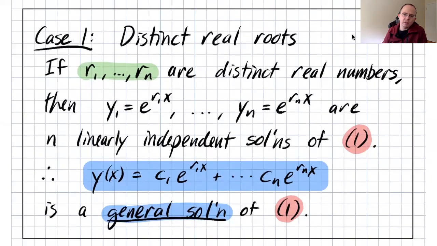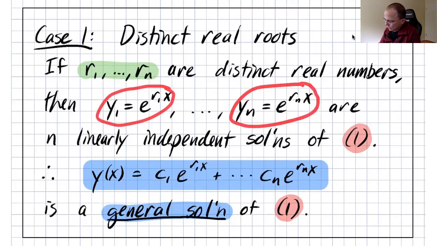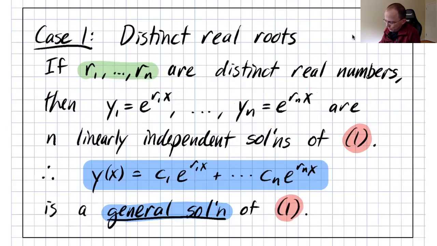So distinct real roots. If all of our roots of the characteristic equation are distinct real numbers, then we can show that each of these functions is going to be a solution. That's not surprising. But what's more important is that these functions are going to be linearly independent.